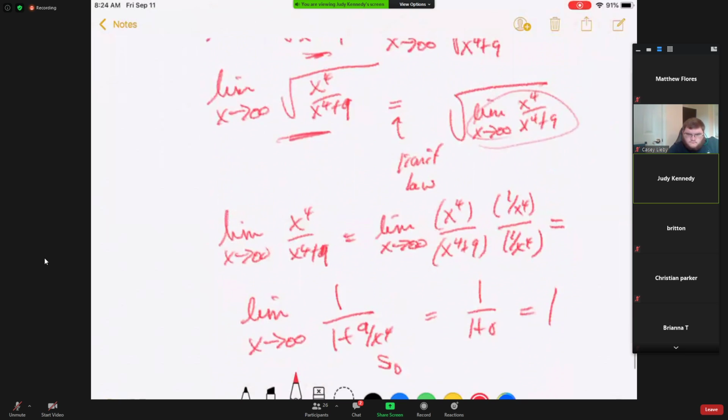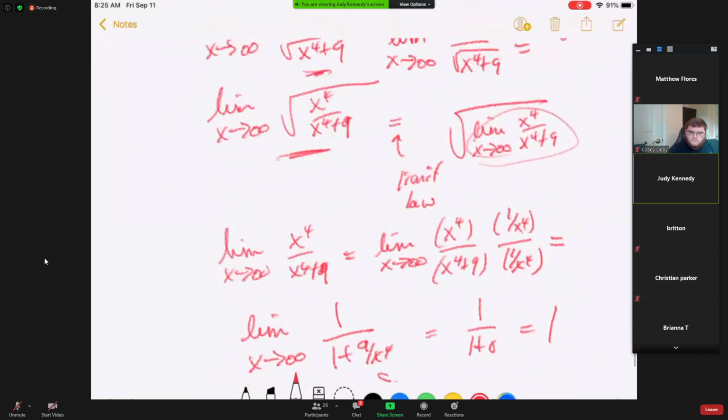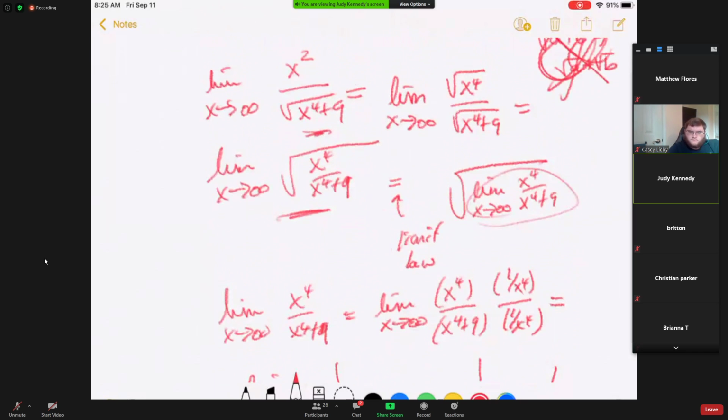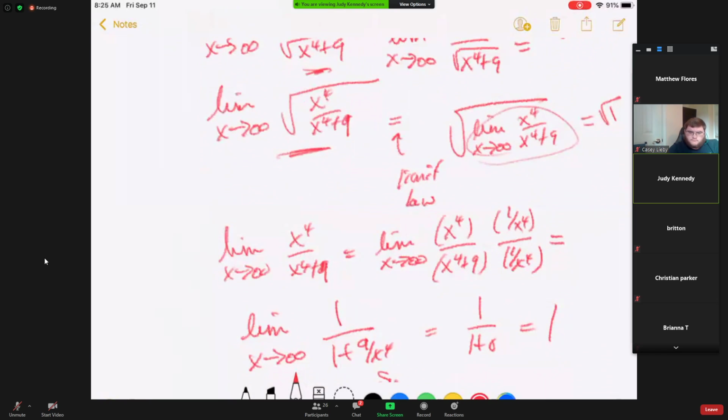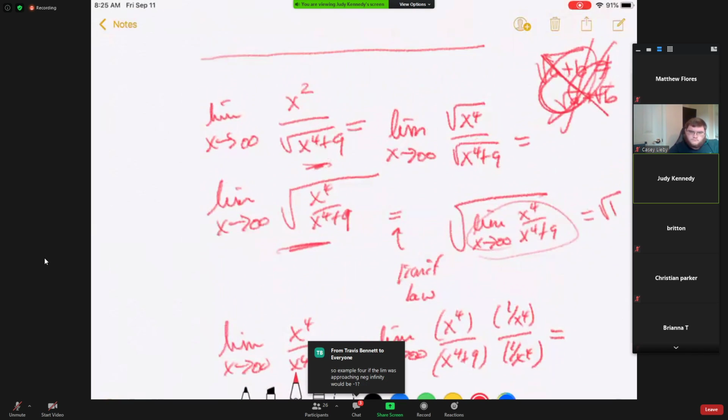In fact, I didn't finish that because that was the inside. So this limit is the square root of 1, because the inside goes to 1, and then I take the square root of whatever the inside limit is.